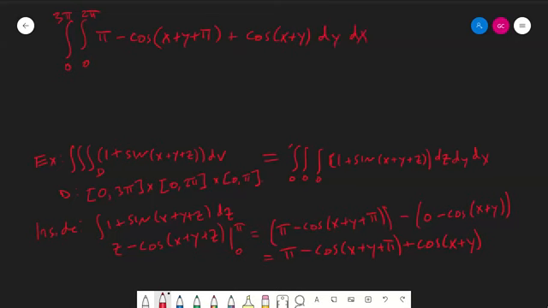And so at this point, we just have a double integral. We're not done, but from here it is straightforward to do with what you already know. So maybe I'll leave it right there.